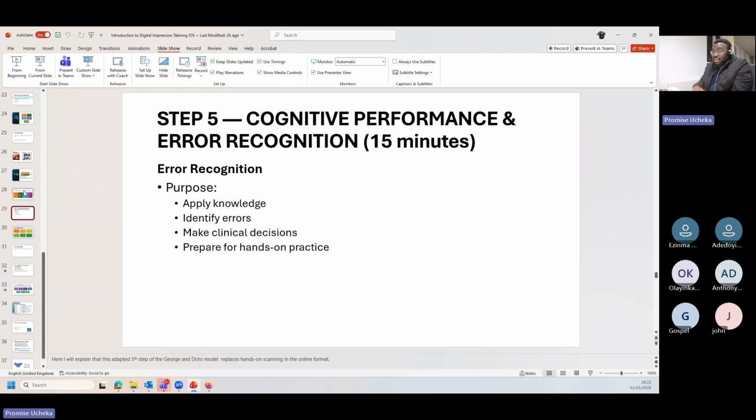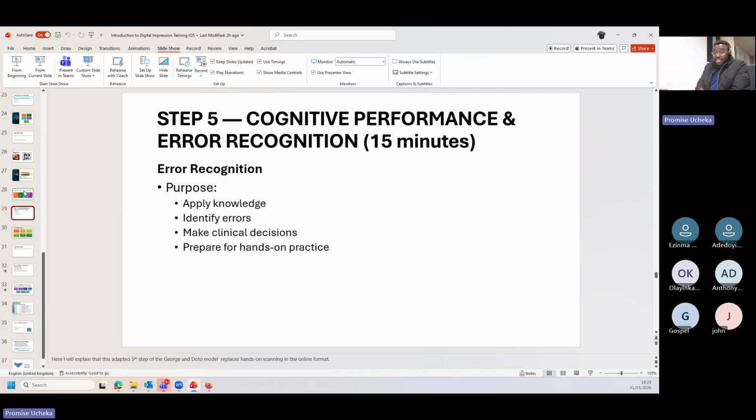So let's see how you can cognitively apply the knowledge that you've got from today's session. I need you to imagine yourself doing intraoral scanning. Imagine yourself receiving patients into your clinic and making that clinical decision as to whether or not it is appropriate to use intraoral scanners.